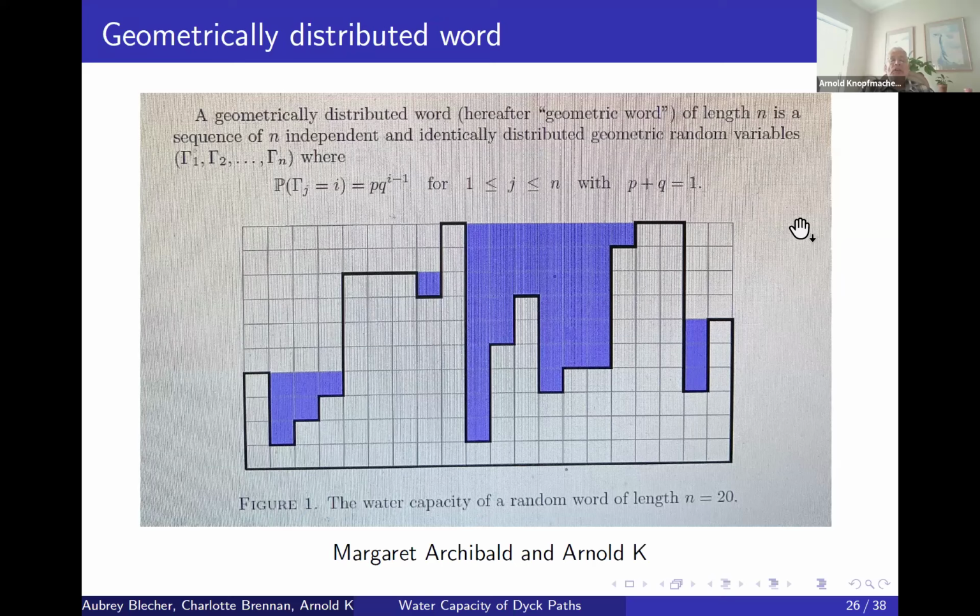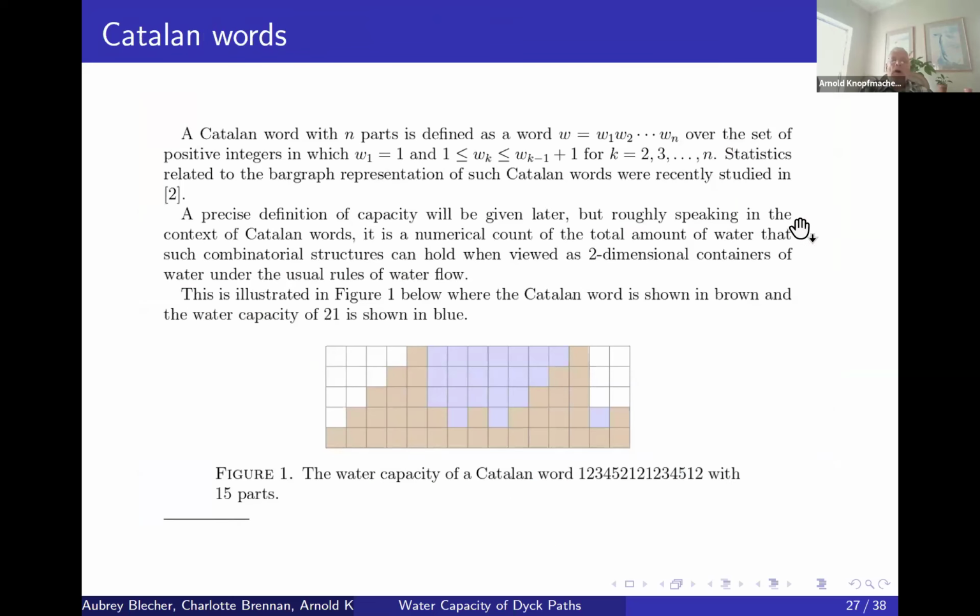And it's quite clear that if you represent the geometric random word also in this bar graph form, then again, you can ask what is the water capacity. So that we did. And now I very briefly want to mention Catalan words, because this happens to actually be the newest paper in the series.